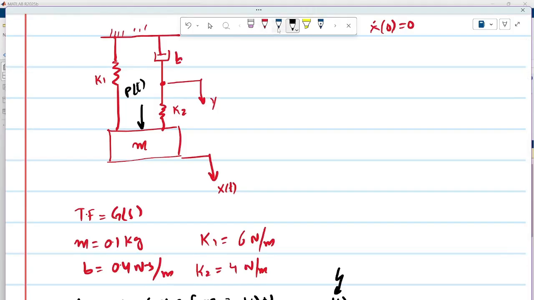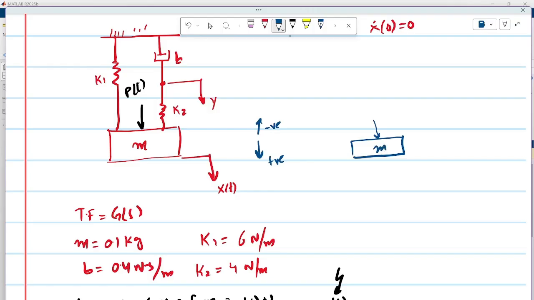So let's say this is our mass, and the step force is applied in this direction. Let's assume that this is the positive direction and that is the negative direction, and the force is applied downwards in the positive direction, and the system obviously starts to move downwards.